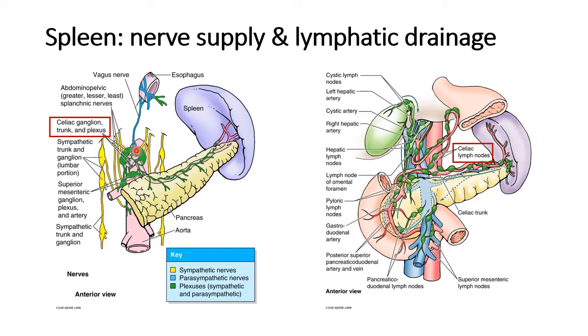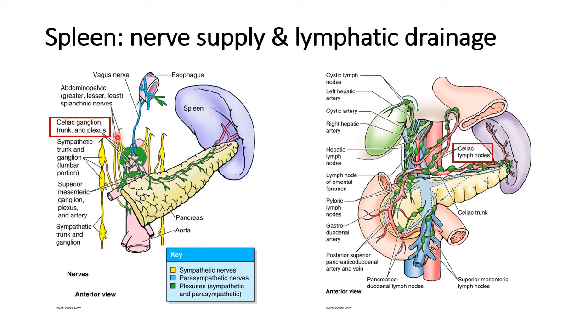And the celiac plexus is an autonomic plexus composed of sympathetic and parasympathetic fibers. The parasympathetic come from the vagus nerve. The sympathetic comes from the sympathetic chain.